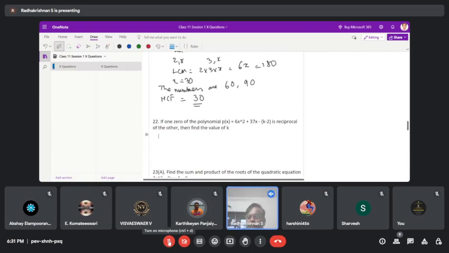Okay, let's go to the next problem, 22. If one zero of the polynomial p(x) equal to 6x square plus 37x minus k by 2 is the reciprocal of the other, then find the value of k. So what are the approaches to do this problem?